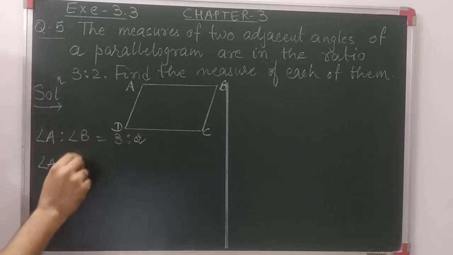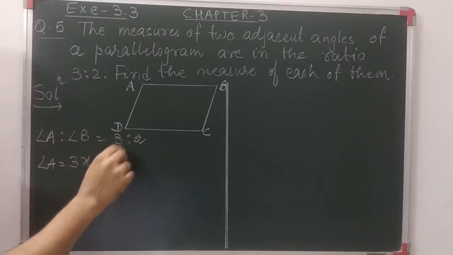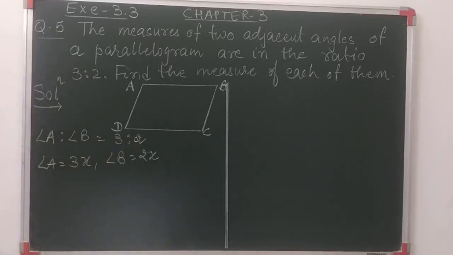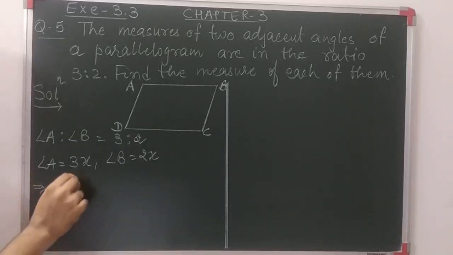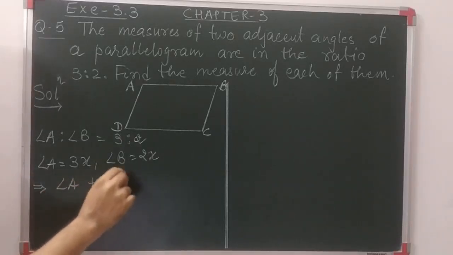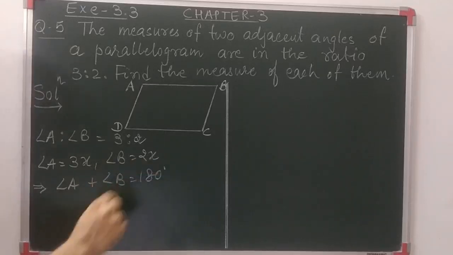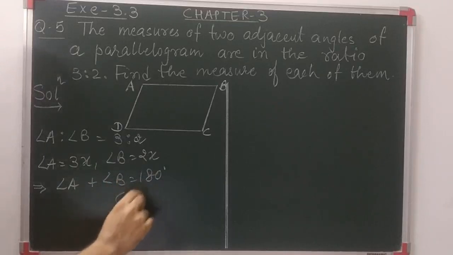So angle A is 3x and angle B is 2x. Now we should recall the property of a parallelogram: the pair of adjacent angles are supplementary. Angle A plus angle B is equal to 180 degrees.